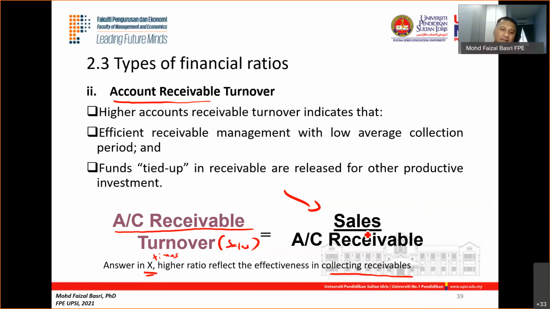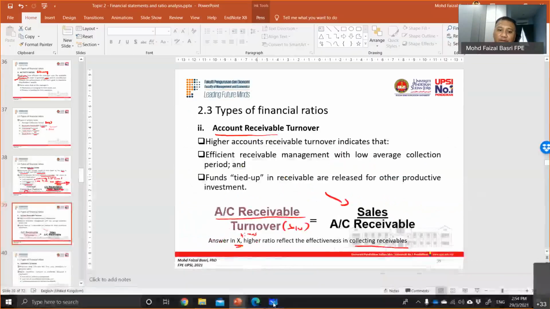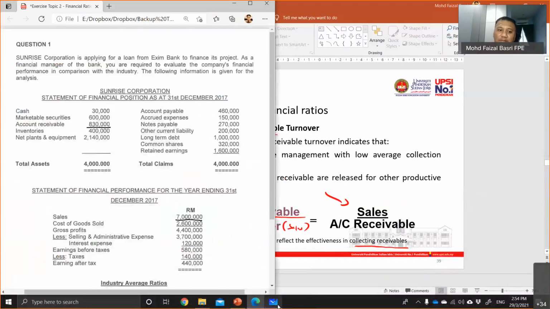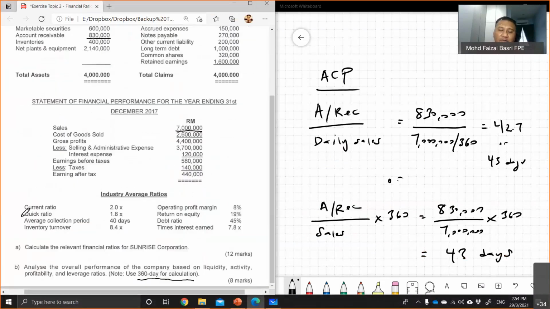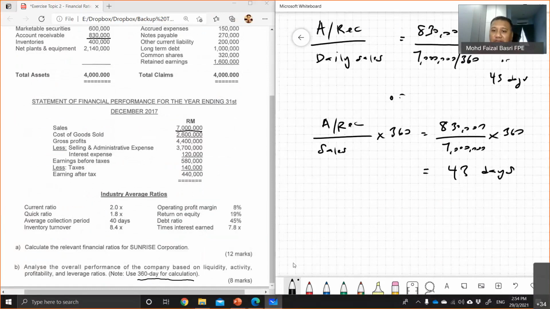All right, but our question, bear with me, I have to go back and forth between the questions. Since this question doesn't provide us with an alternative reference for account receivable turnover, we cannot compare. But obviously we can calculate. So for the sake of calculation, I put it here to calculate the account receivable turnover ratio.